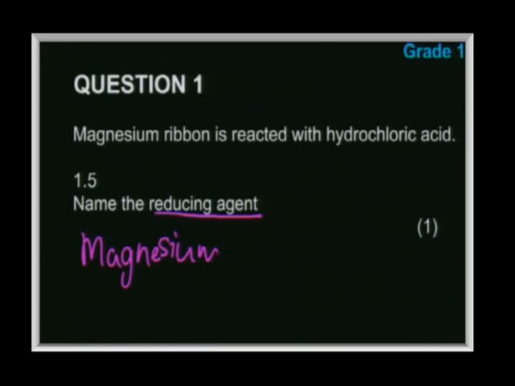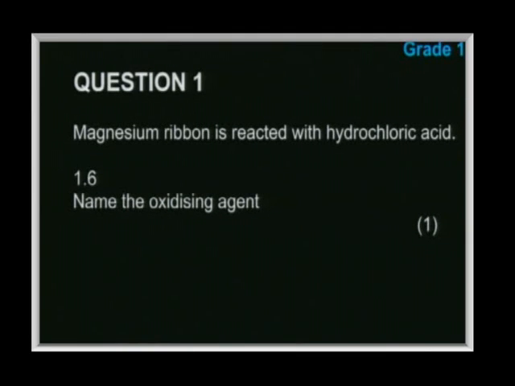And if magnesium is my reducing agent, then automatically my hydrogen would be my oxidizing agent. And that is exactly what they ask us in 1.6. Your oxidizing agent, in this case, would be the one that undergoes reduction, and that would have been your hydrogen over here. All right. Straightforward questions, not that difficult, not that intricate.